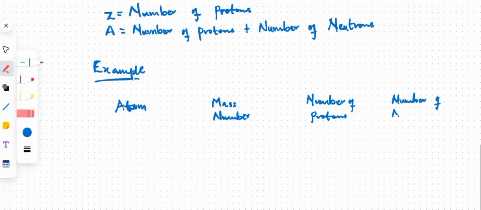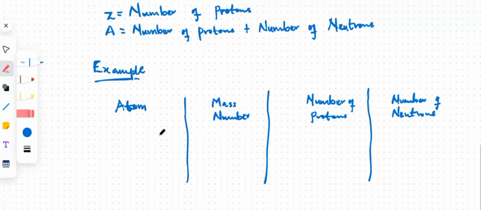They can give you the atom and tell you to find the mass number, the number of protons, and the number of neutrons. They can still have number of electrons, but we are getting there.